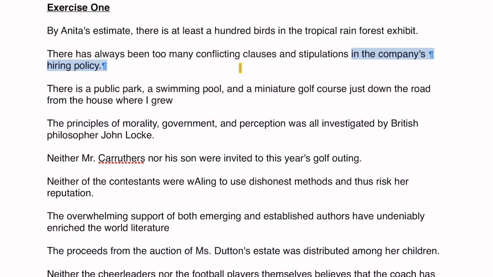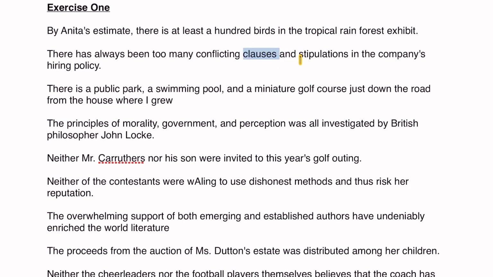تعالى بقى نبص على invertedness. أولا the verb أول حاجة أهي has. The subject is clauses and stipulations. طب and ضمت الاتنين دول مع بعض وخلوها ايه؟ plural. مش قلنا لما تحط كلمة and بين اتنين subject بقوا plural.